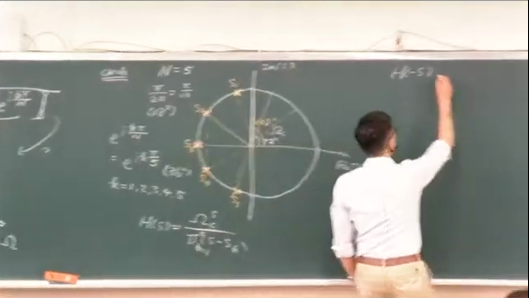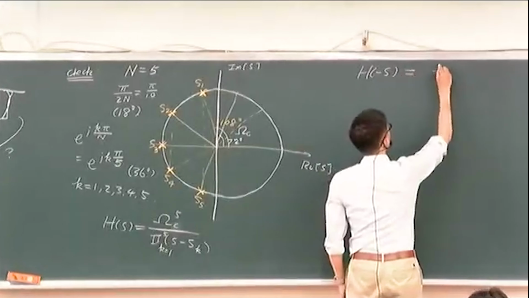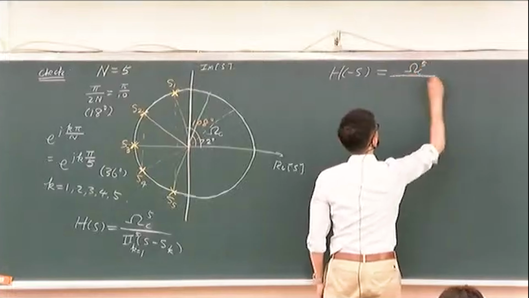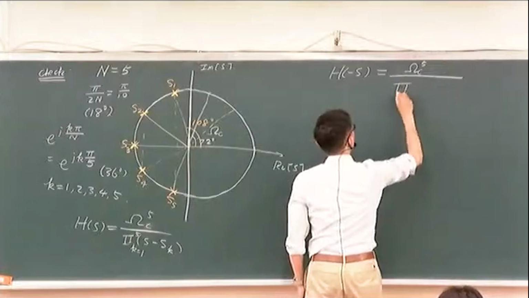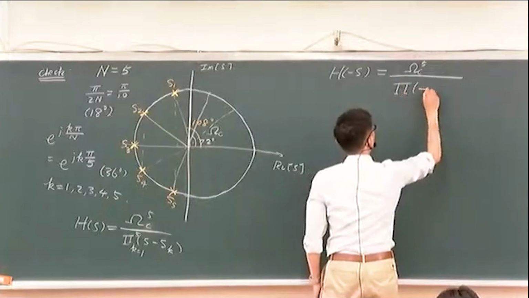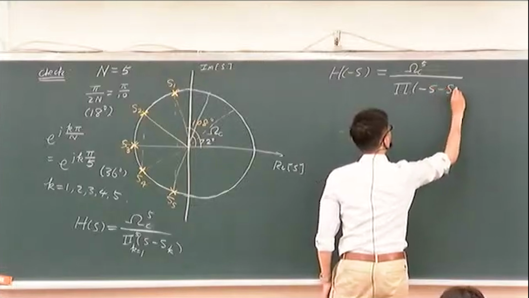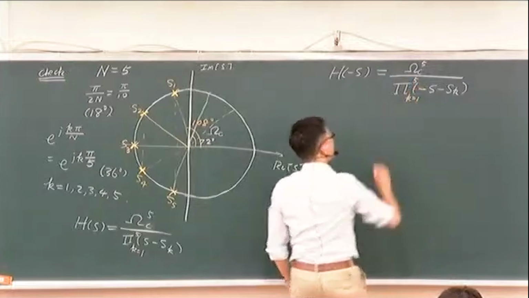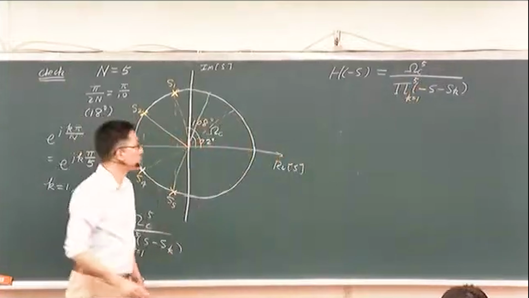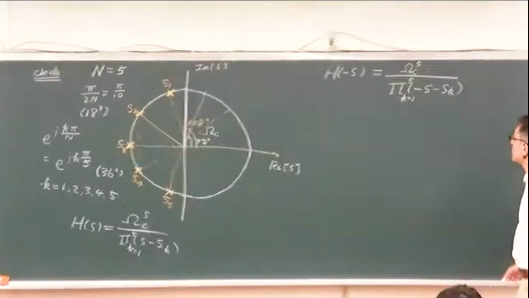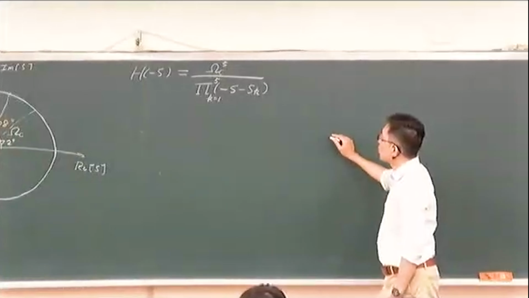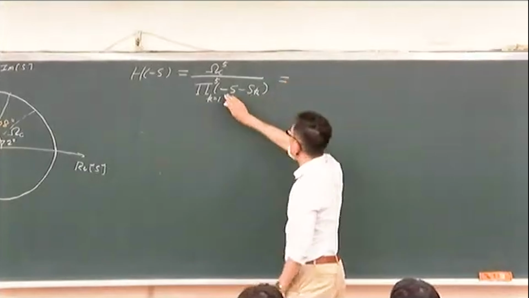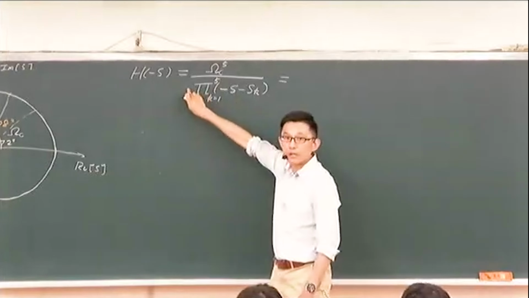Sure. So H of minus S is still omega C to the 5th power divided by the product of minus S minus SK, right? Again, K goes from 1 to 5. That's pretty easy. But wait, with all the minus signs here, I propose that we try to pull the minus sign to the outside of this product.